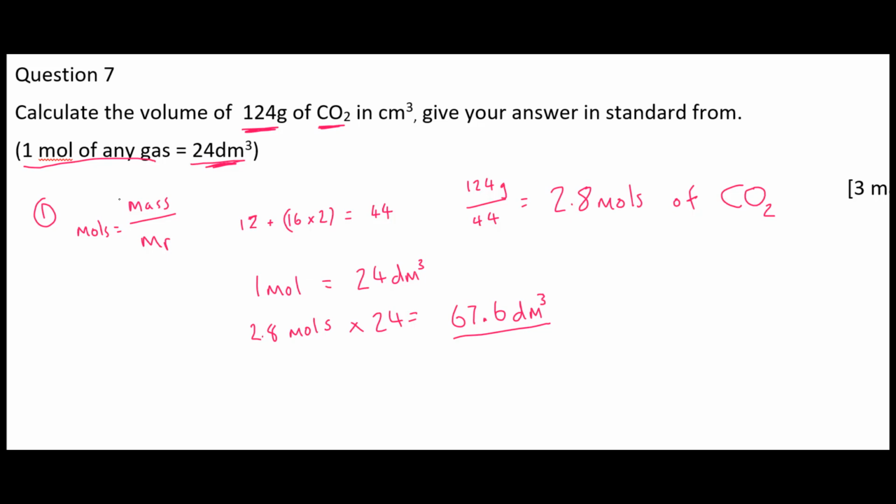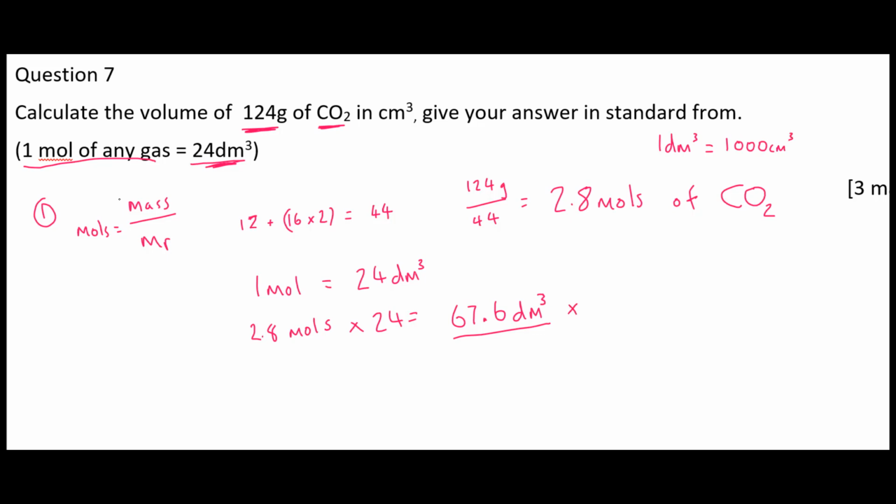But we've now got to convert our answer into centimeters cubed. Now remember that 1 decimeter cubed is equal to 1,000 centimeters cubed.